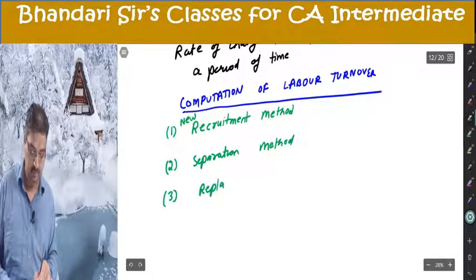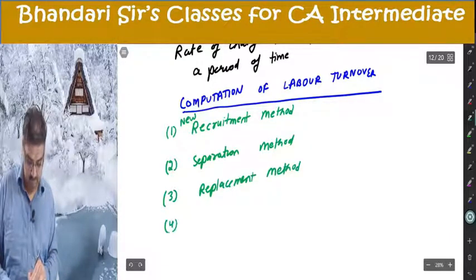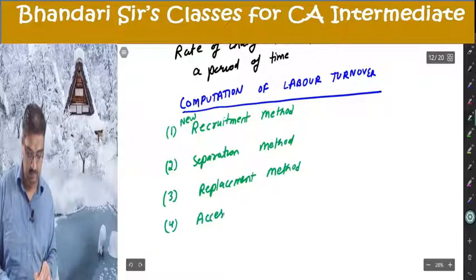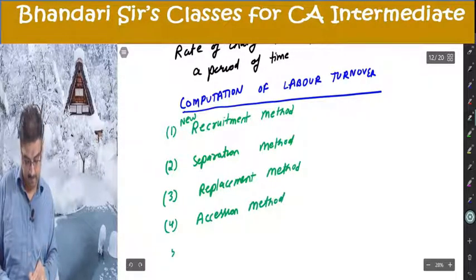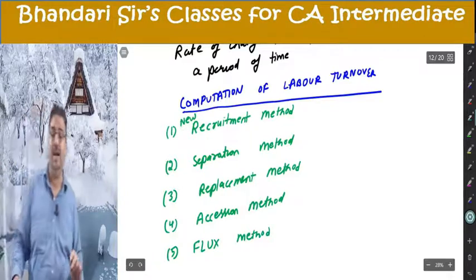Replacement method. Accession method. Flux method. Flux is a combination method, so you need to understand that for sure.